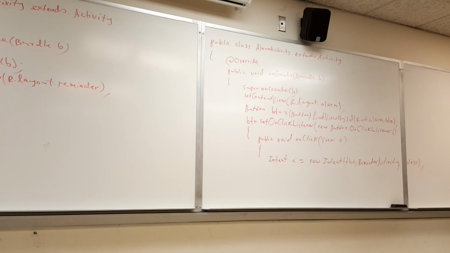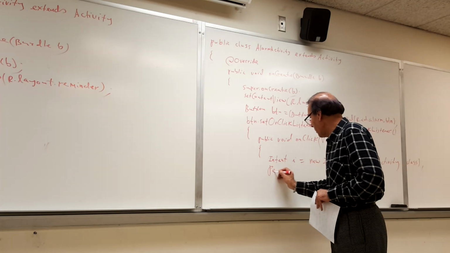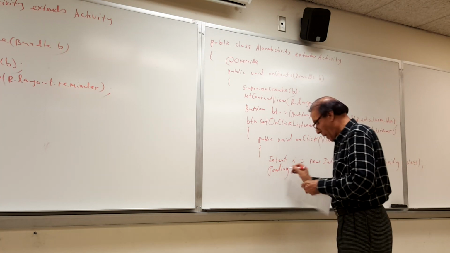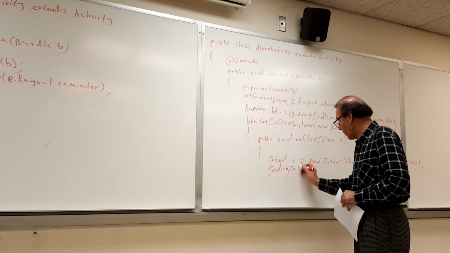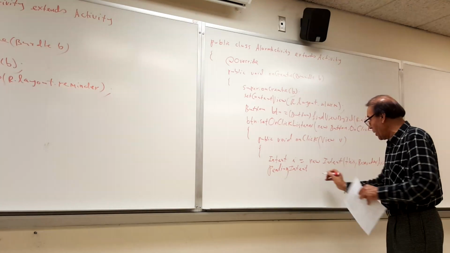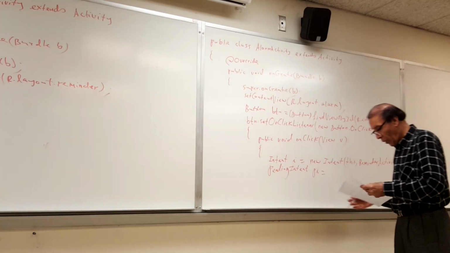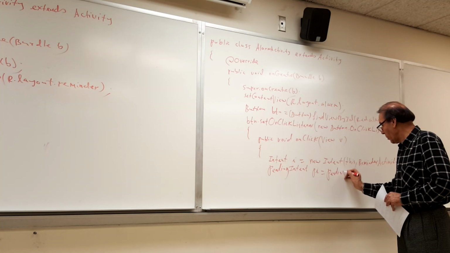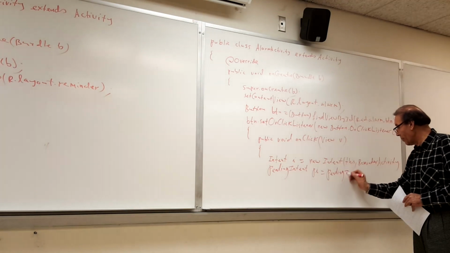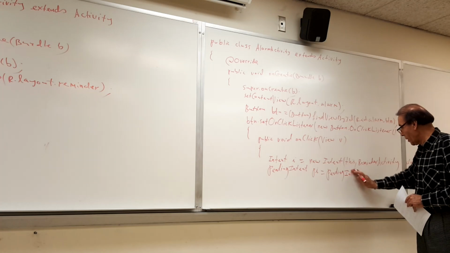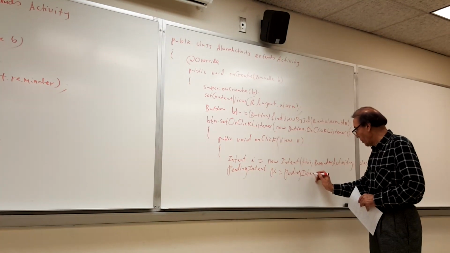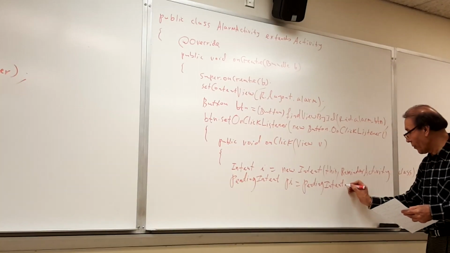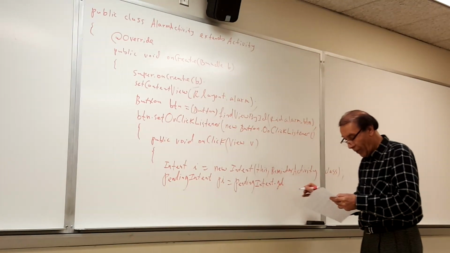Now we're going to create a pending intent based on that. PendingIntent pi = PendingIntent.getActivity.